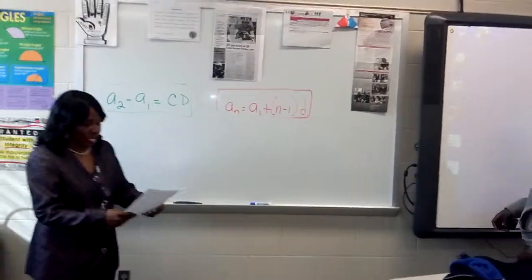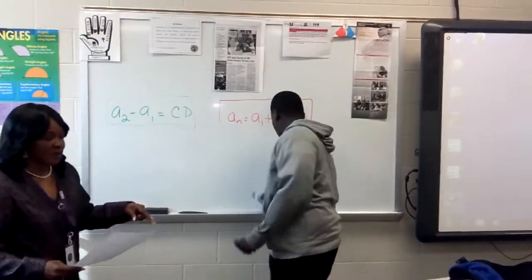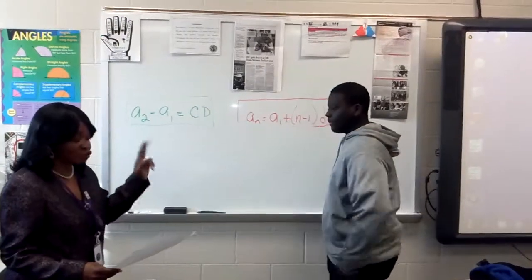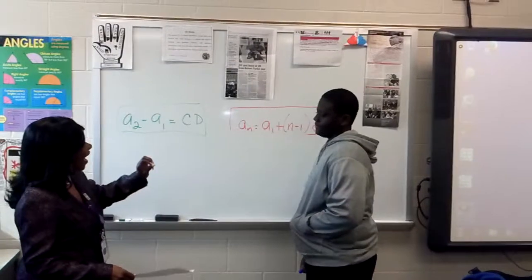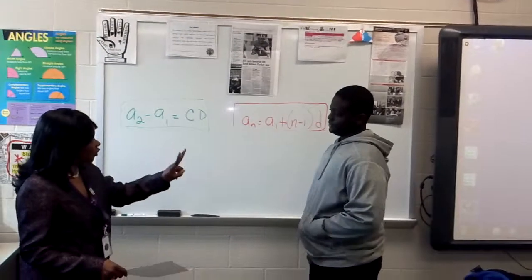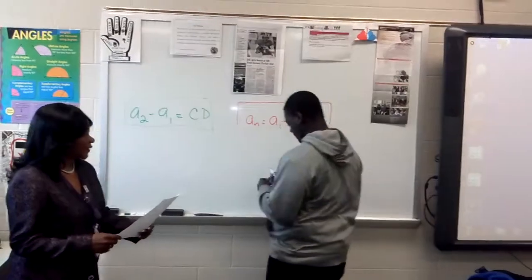Okay, now, we're going to look at finding and describing this pattern. Describe the pattern of each sequence. Then find the two missing terms. Okay, here are the numbers. You ready?